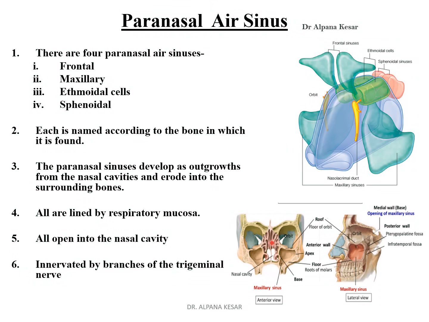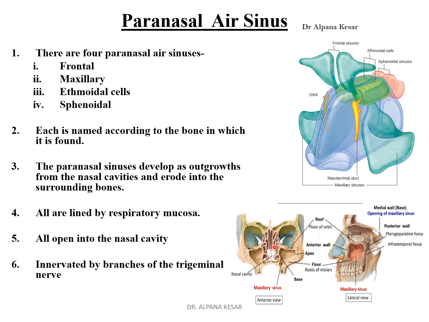Here again we can see in this visual that this is the frontal air sinus. These are the ethmoidal air cells. This is the maxillary air sinus. Frontal, maxillary, and sphenoidal air sinuses are present as single cavities within the bone in which they are found.